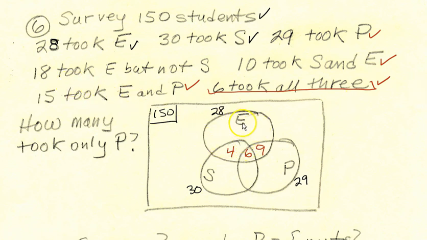So 18 took E, but not S. So we have 9 here, possibly. So I would think this is 9. So 9 and 9 are 18. It didn't take the S.